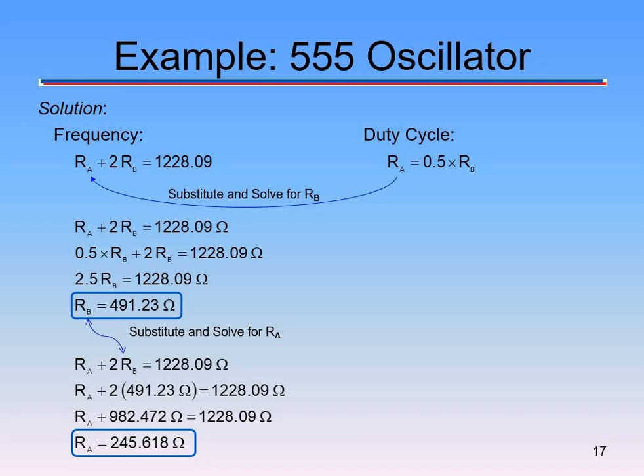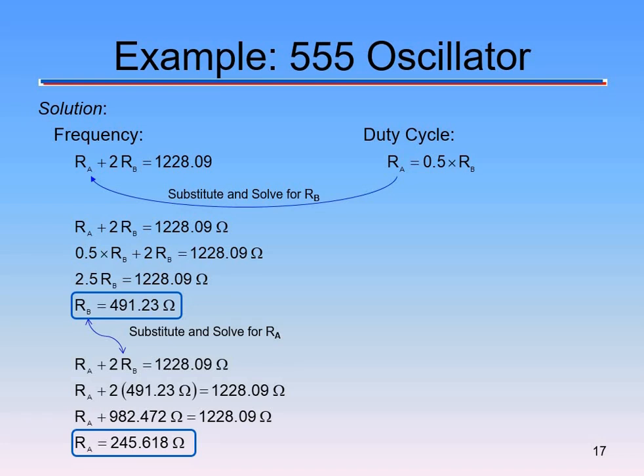Now that we know RB, we can find RA. I would just take RB and move over to the duty cycle, and if you take RB times 0.5, you'll get RA. You can substitute RB back into the other equation as well. What I've shown at the bottom is, since we know RB is 491, RA plus 2 times 491 equals 1228.